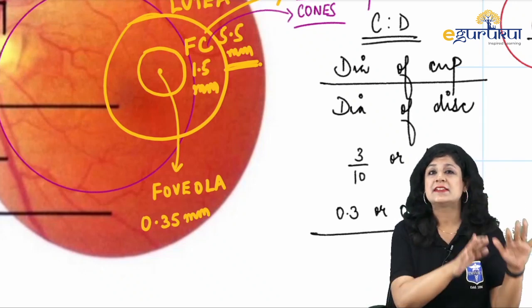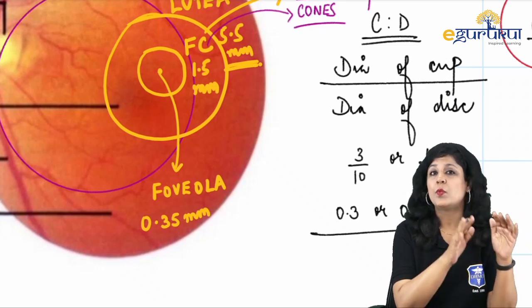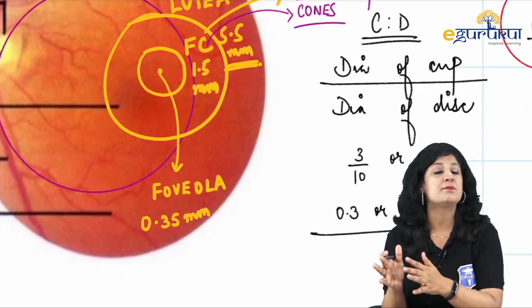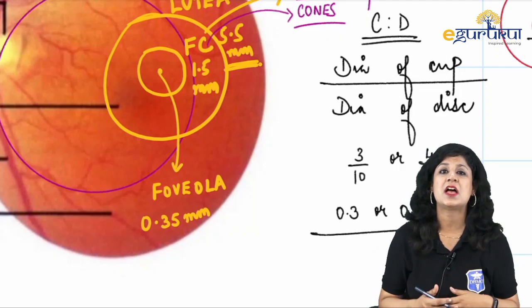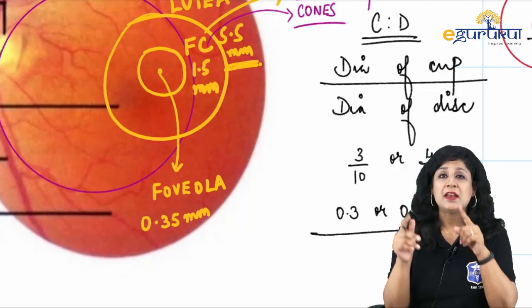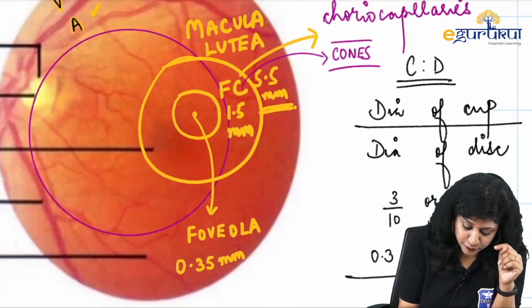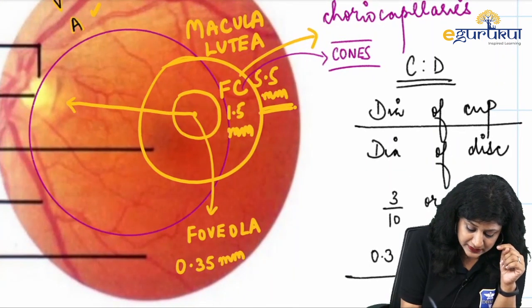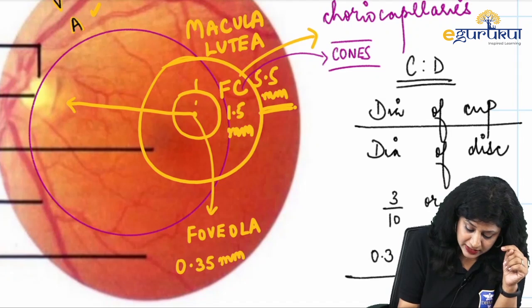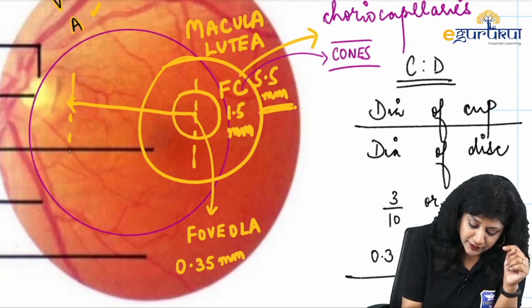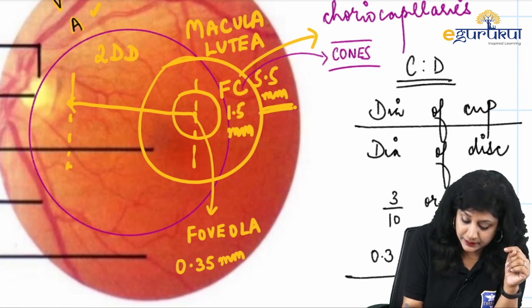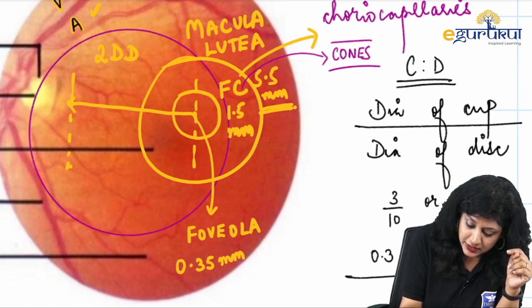So, towards the nasal side in the central retina, we have the optic disc. Towards the temporal side, again in the central retina, we have the macula. And what is the distance between the two? If you look at this foveola from the optic disc margin, so yes, this distance is actually fixed, and this is 2 disc diameter.